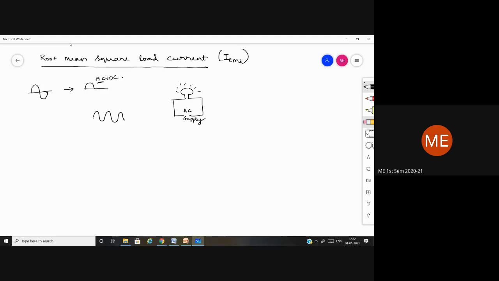You are connecting it to an AC supply. I want to know what average current it consumes. Why do we want to find this, or why do we need to do something to find it? In the question itself, the answer is there.